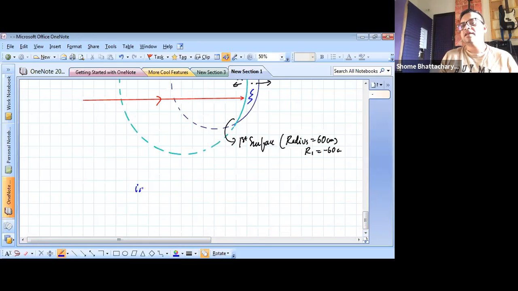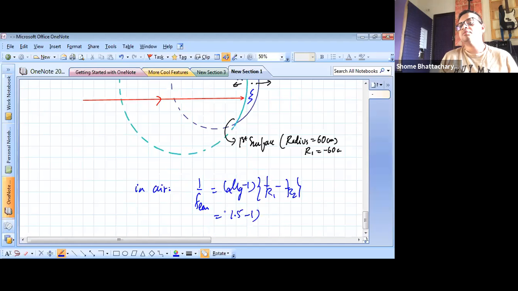So in air, the inverse of the focal length will be the refractive index of the glass with respect to air minus 1, times (1 by R1 minus 1 by R2). Now substitute R1 and R2 with proper sign.